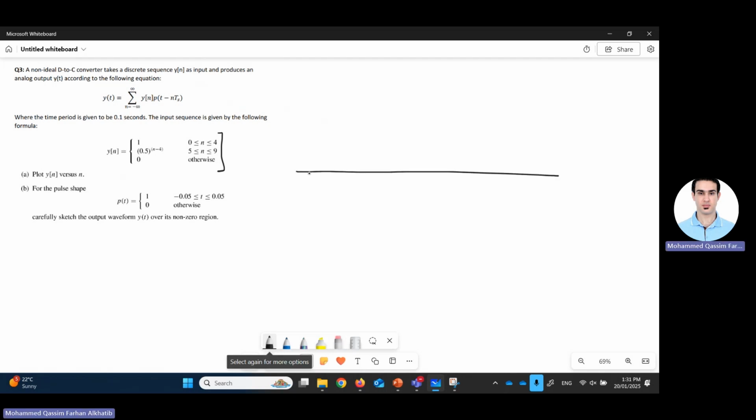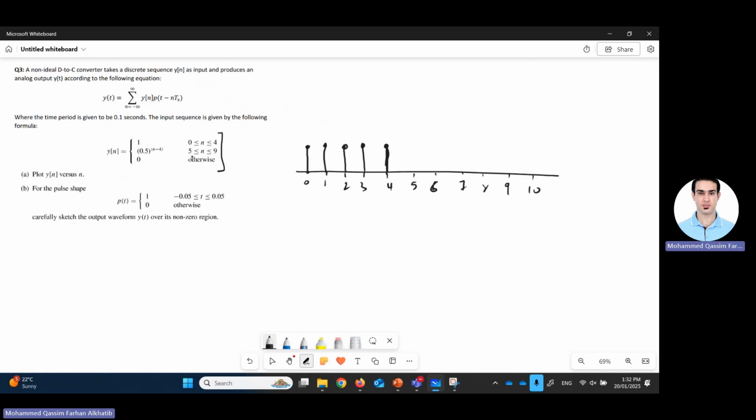So I have this x-axis. I have 0, 1, 2, 3, 4, 5, 6, 7, 8, 9, 10. Yeah, up to 10. Okay, so it says that from 0 to 4, the value is 1. So that's 1, more or less something like this.